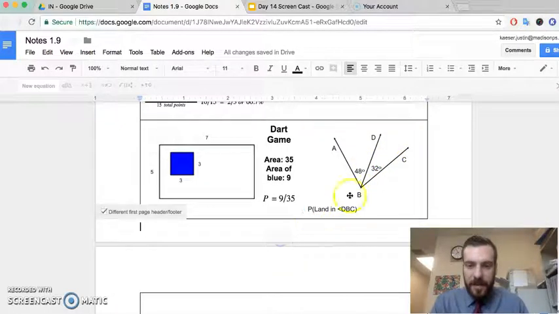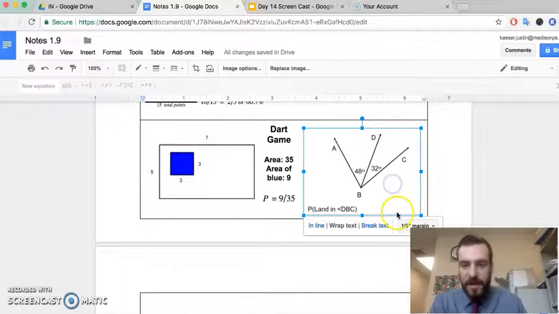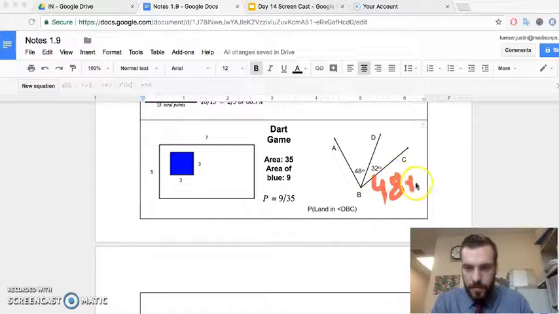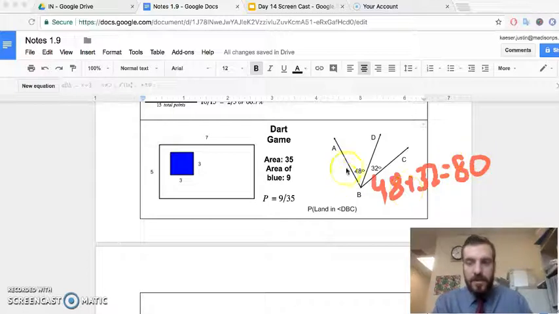So again, our big part, or the possible outcomes, is landing anywhere in between A, B. So that's going to be 48 plus 32 degrees, and that equals 80. So that's our possible outcomes.